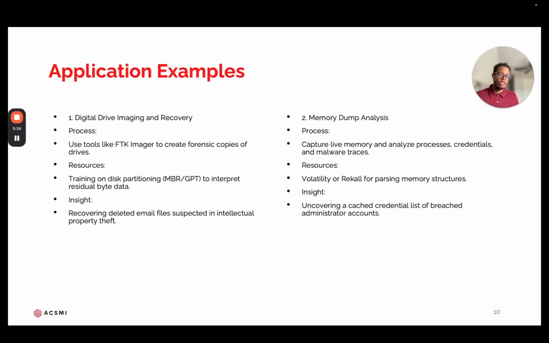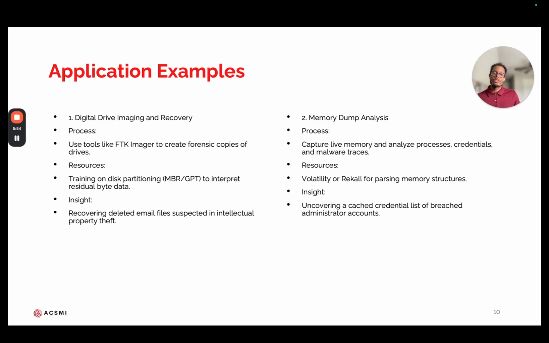An example of this, let's talk about memory dump analysis. So you've captured live memory and you're analyzing the processes. In Linux and Windows, you can use commands to get back the actual live processes as well, like what's actually happening. And in tools, you can use it as well too.